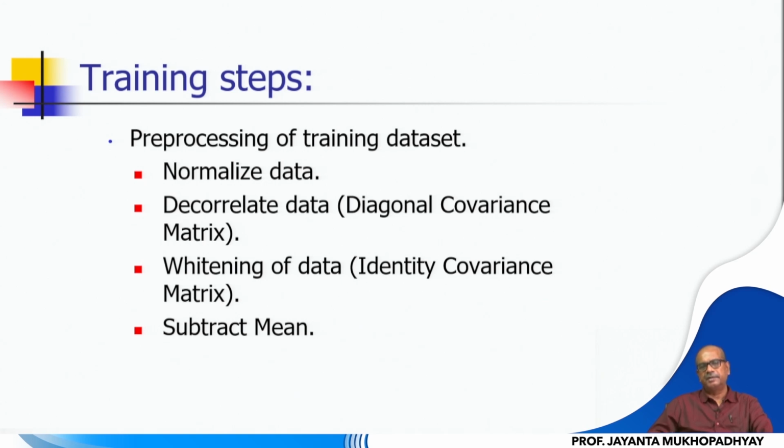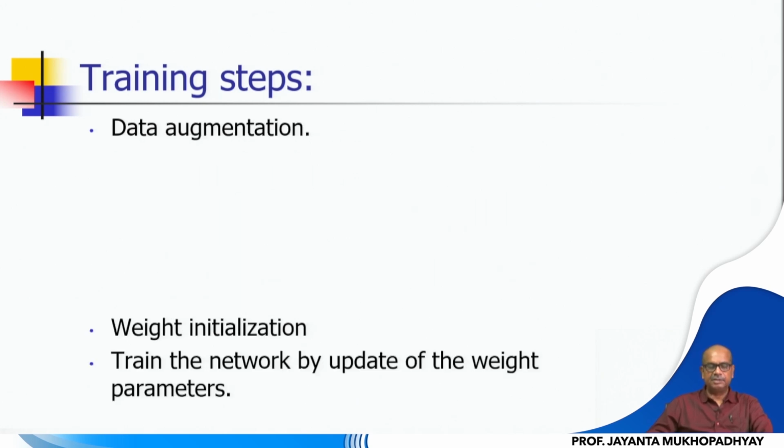Whenever you get any test data, you have to perform similar transformations: you observe those transformation parameters, use those parameters to bring the data into that normalized form, and then use it for the test network. Another thing is that since you require a large data set, sometimes your data may not be sufficient.